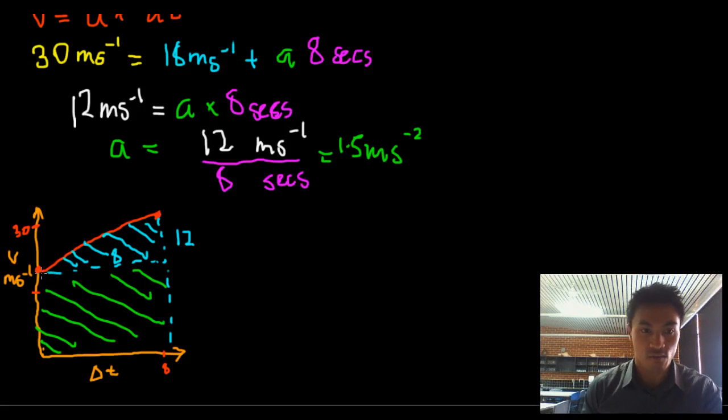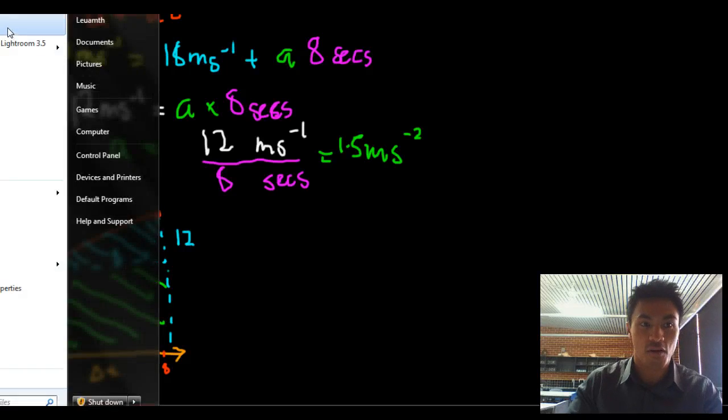So for example, if we had started at our initial velocity, let me write that in, which was 18 meters per second, and if we had kept on going at 18 meters per second over that 8 seconds, then our displacement would have been 18 times 8. Let me just get the calculator out, sorry.